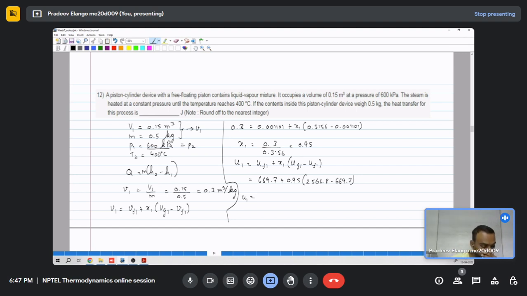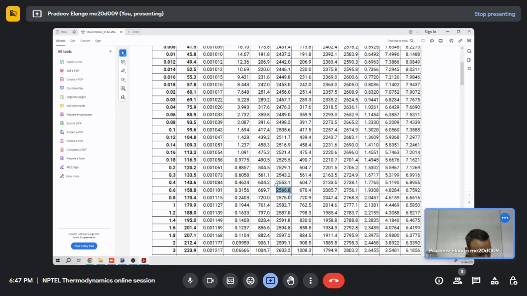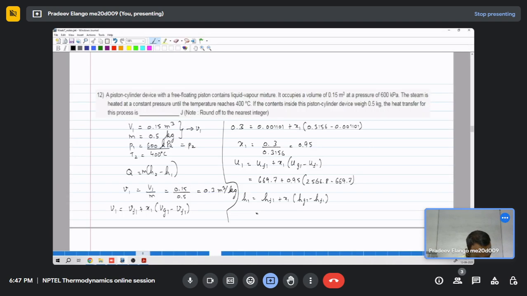Sorry, actually we need to calculate the enthalpy, not the internal energy. So we calculate H1 as Hf1 plus x1 into Hg1 minus Hf1. So this can be written as Hf1 plus x1 into Hfg1.